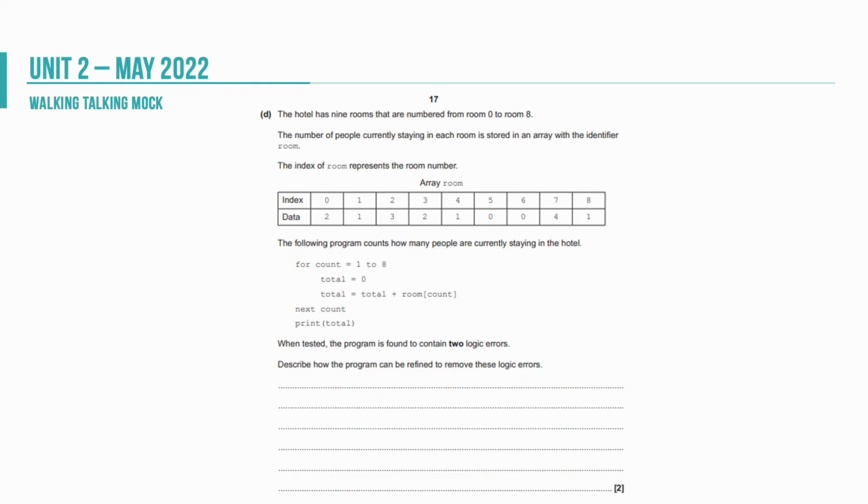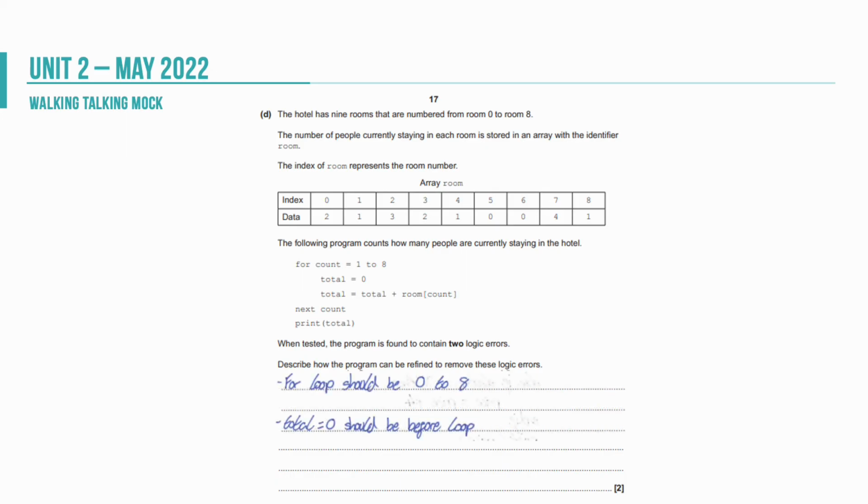So our for loop is incorrect because we're doing for count 1 to 8. So it should be 0 to 8. We've also got our total equals 0 inside of the loop. So total's going to reset every time the loop goes round. So the for loop should be 0 to 8, and total equals 0 should be before the loop starts.